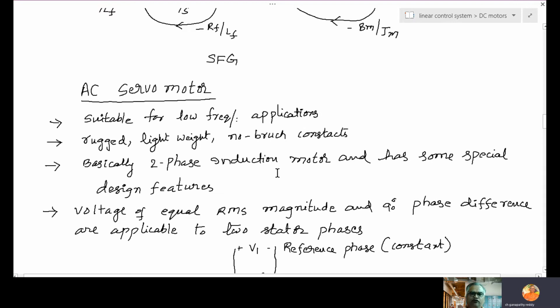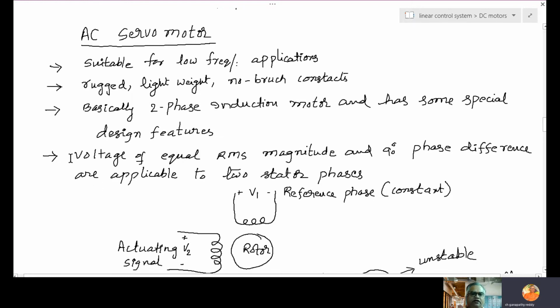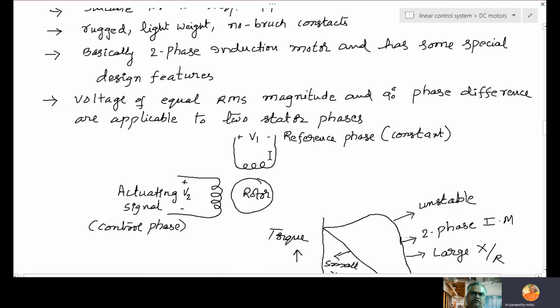Basically it is like a two-phase induction motor, with some special design features. What are those special design features? We'll discuss later.